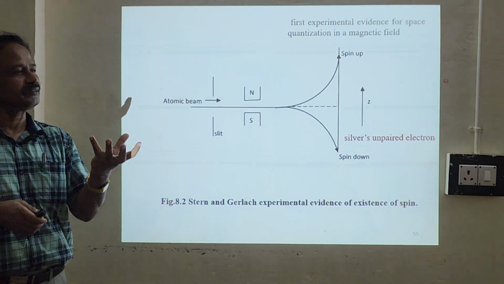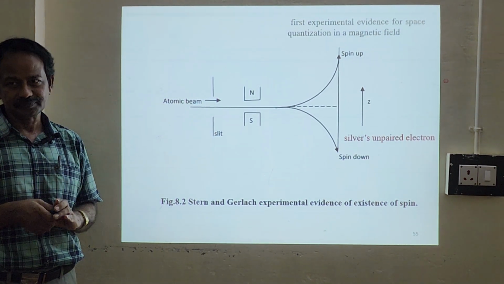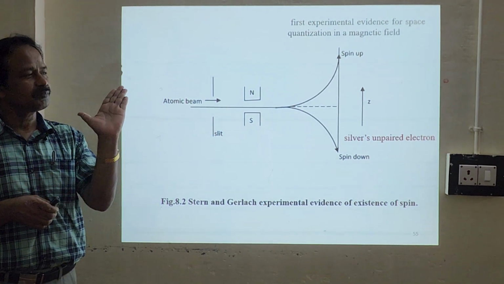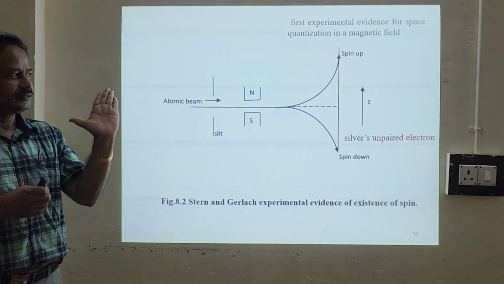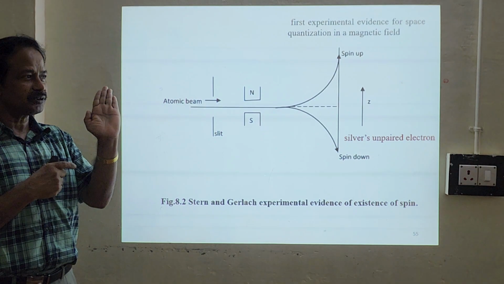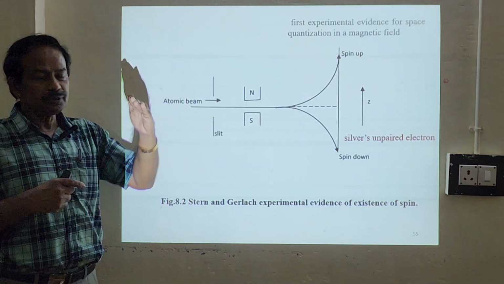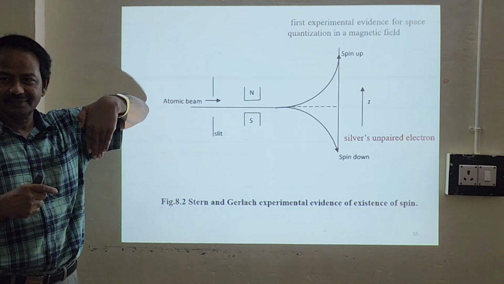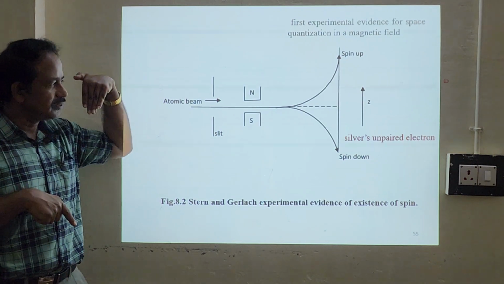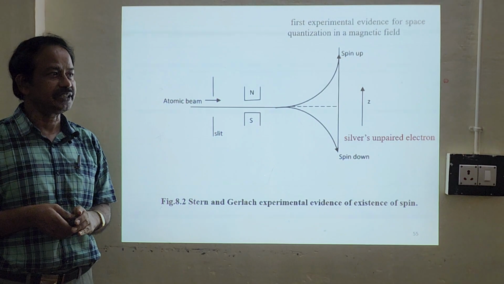For example, suppose this is an electron. The spin up component is somewhere like this. When you apply the magnetic field, this spin up component passes through the magnetic field and goes up. Suppose the spin component is exactly like this, and the electron passes through the magnetic field. Then it goes down, spin down.